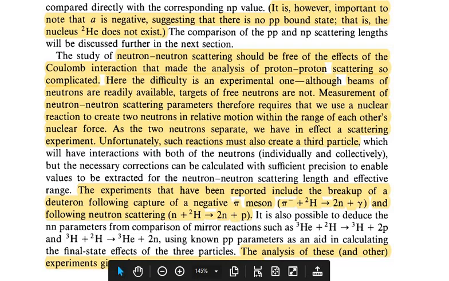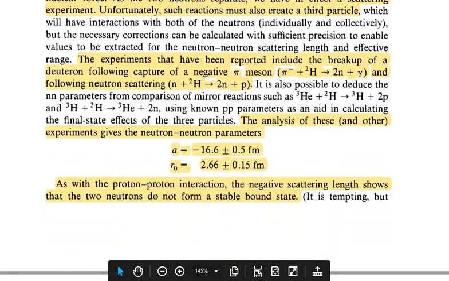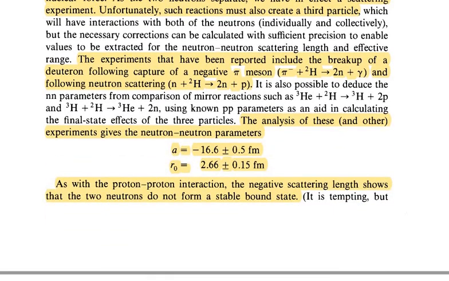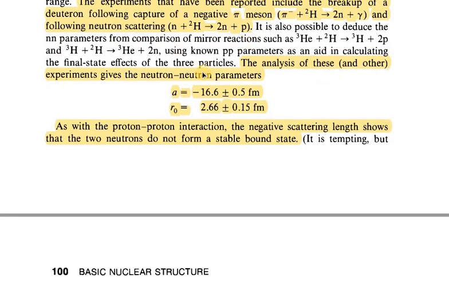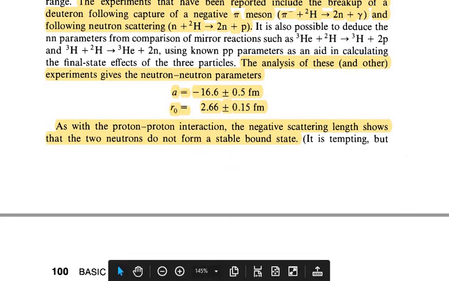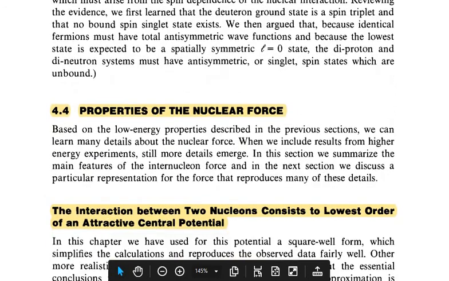The analysis of these experiments gives the neutron parameters a equal to minus 16.6 plus or minus 0.5 femtometer, R0 equal to 2.66 plus or minus 0.15 femtometer. As with the proton-proton interactions, the negative scattering length a shows that the two neutrons do not form a stable bound state. Okay. Next, we will see the properties of nuclear force.